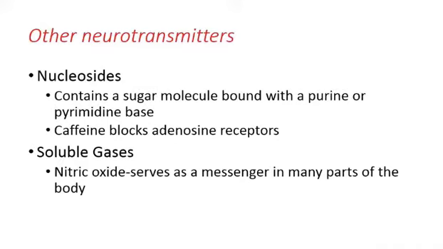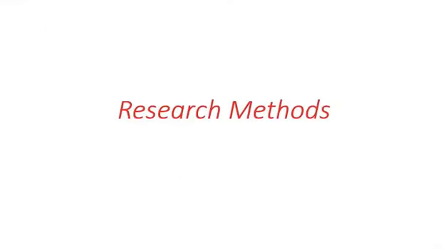And soluble gases, nitric oxide and carbon monoxide too, both of those serve as messengers in many parts of the body. I think some of these neurotransmitters are relatively poorly understood, certainly much less so than the major ones of acetylcholine, noradrenaline, norepinephrine, and dopamine and serotonin.